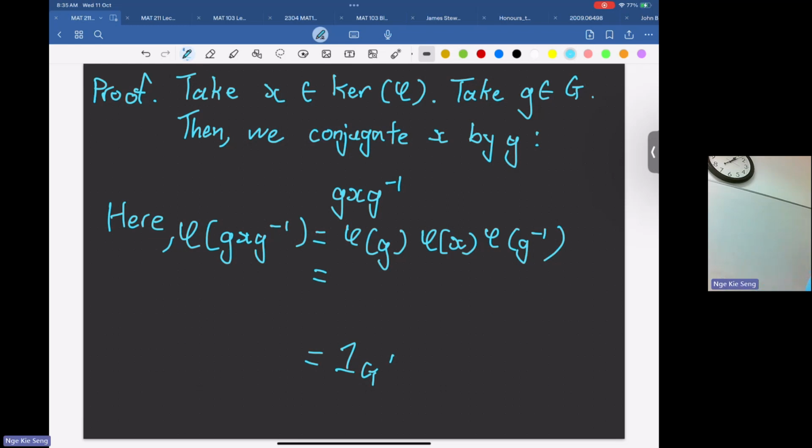Can we compute or not? Can I move this inverse across? We don't know whether it's abelian or not, so we cannot compute. So the obvious thing is to send x to identity.